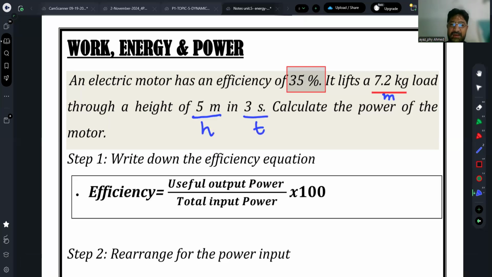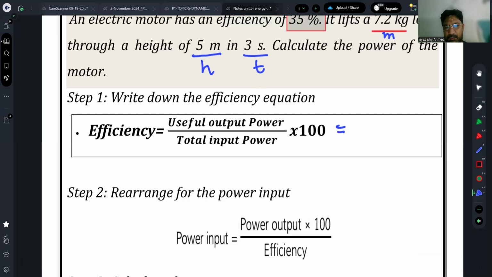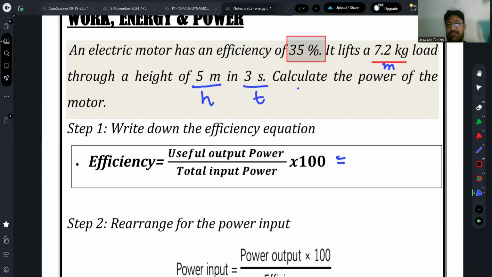So what will I do? I will use that efficiency formula in terms of power. So useful output power divided by total input power. Just calculating in front of you, the input power of the motor is to be calculated.